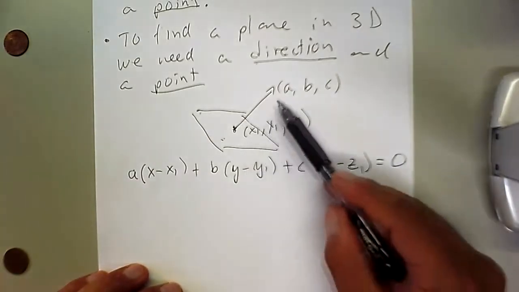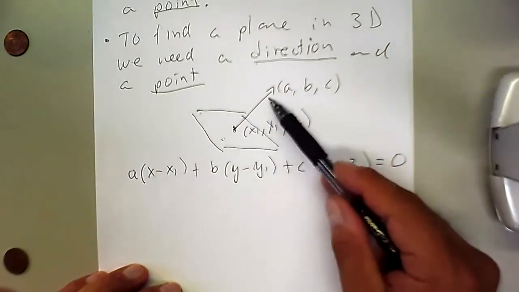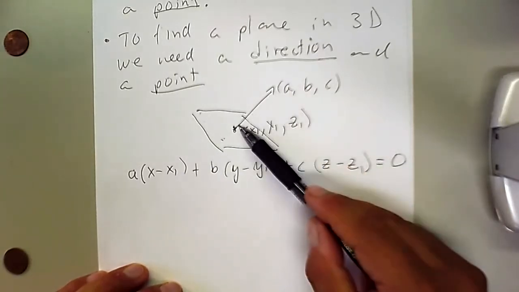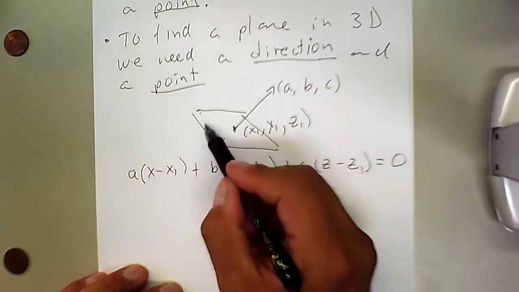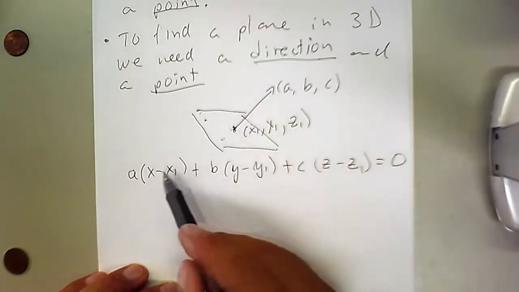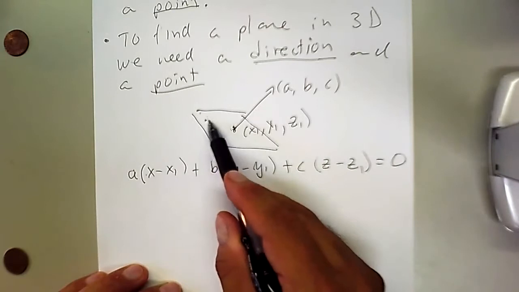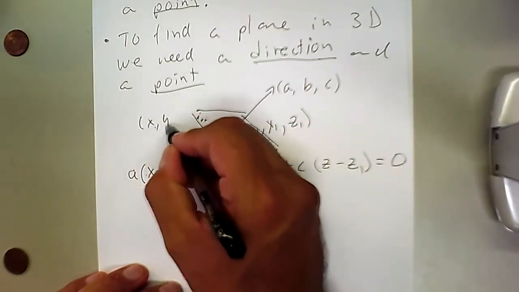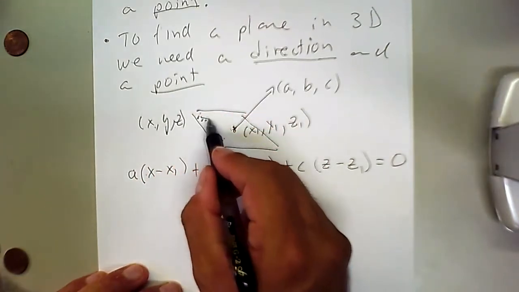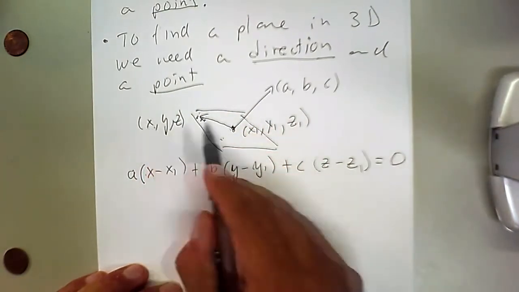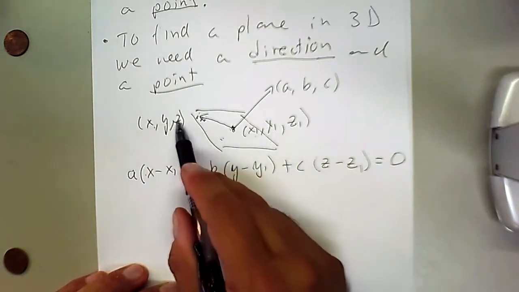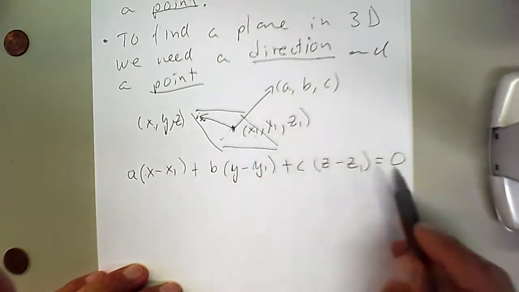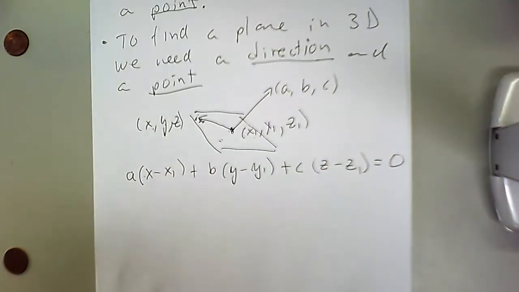Take a generic point on the plane with coordinates x, y, z. The vector going this way would be x minus x1, y minus y1, z minus z1. This vector dotted with the normal vector A, B, C should be 0. And that's how we end up with this equation.